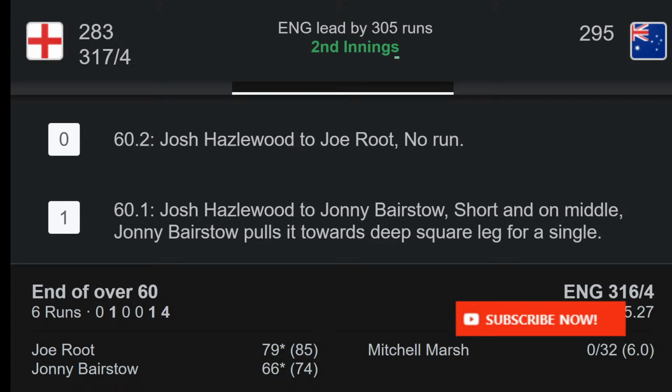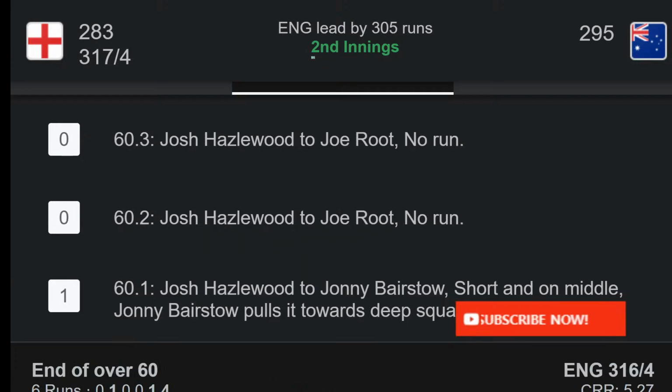60.2 overs, Josh Hazlewood to Jonny Bairstow. In the first ball he has taken 1 run. So total moves on to 317 for the loss of 4 wickets. England lead by 305 runs. Australia in their first innings scored 295 runs.